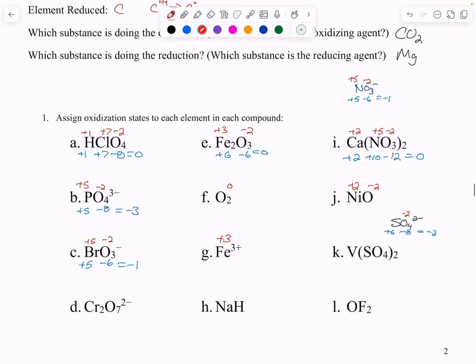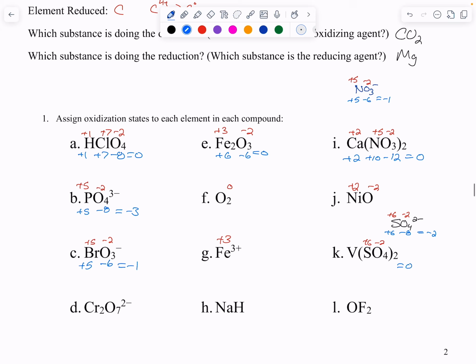All right. And so plus 6 minus 2 equals 0. So 6, that's plus 12. 8 minus 16. So yeah, it has to be a plus 4. How about that? It works out. All right, again, however you're attacking those, because that's technically a binary ionic compound, however you're attacking it, I'm happy with, as long as you're doing it right and consistently.